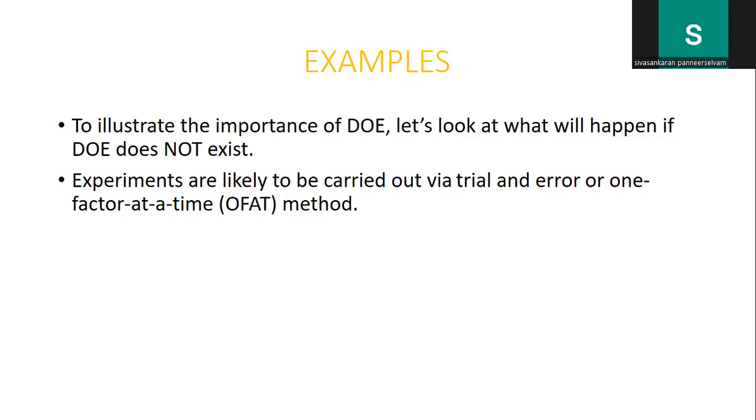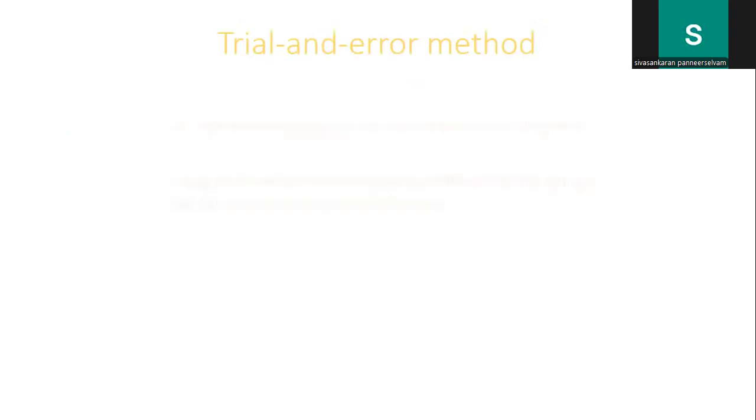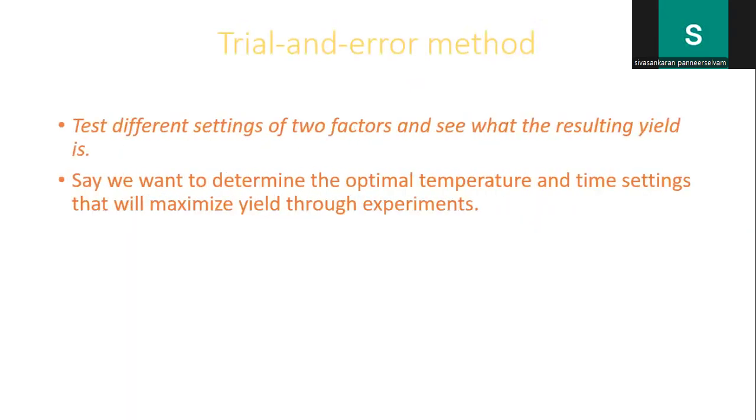Let us take a few simple examples in connection to the definition. What is the trial and error method? Testing different settings of two factors and seeing what the output result is. Say you want to optimize the temperature and time in order to maximize the output yield of the process through experiments.